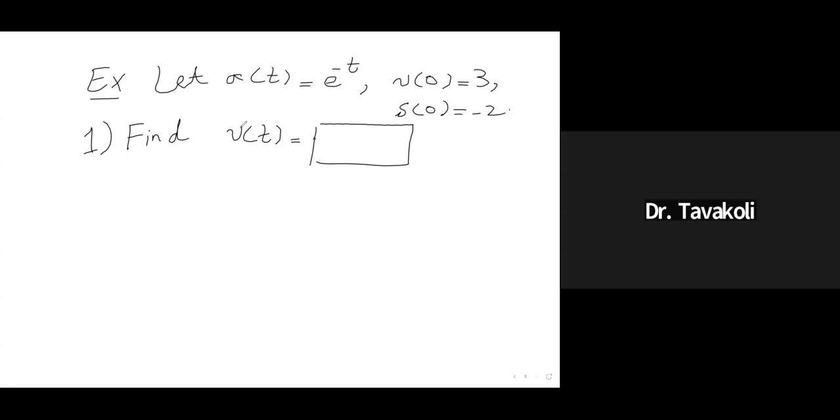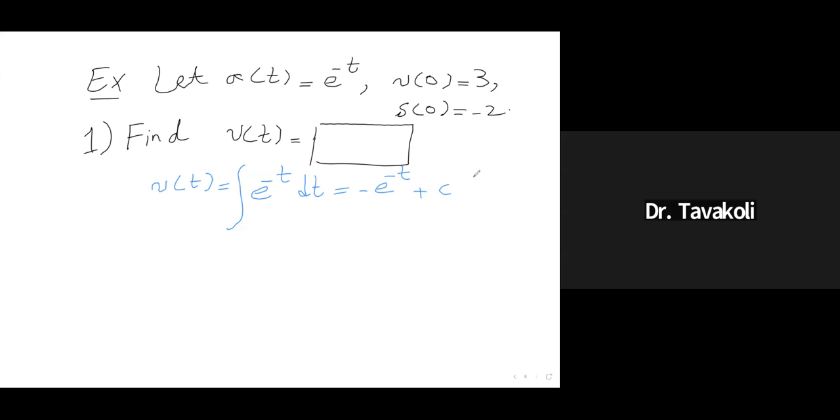So we know that v of t is the integral of a of t, and a of t is given, e to minus t. By the reminder that we had on the previous page, the antiderivative of e to minus t is negative e to minus t, and then plus c.